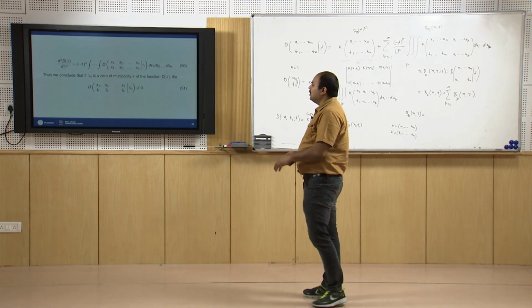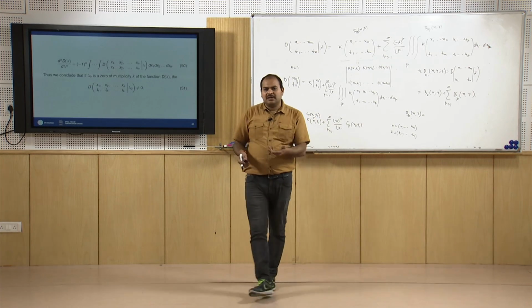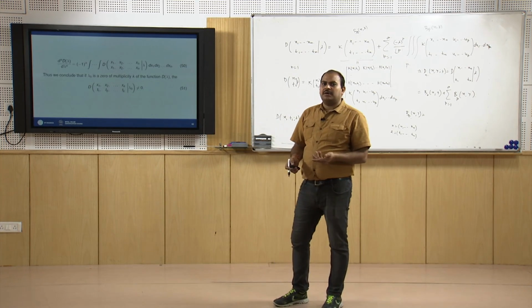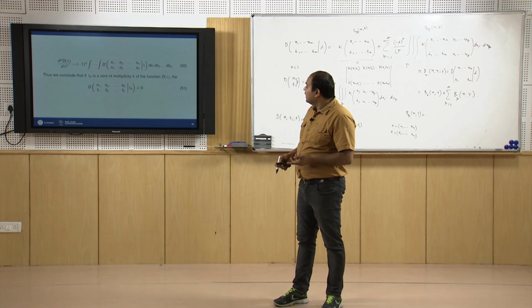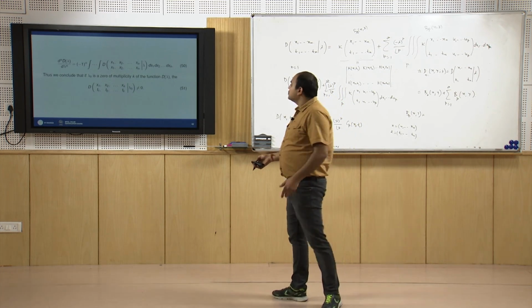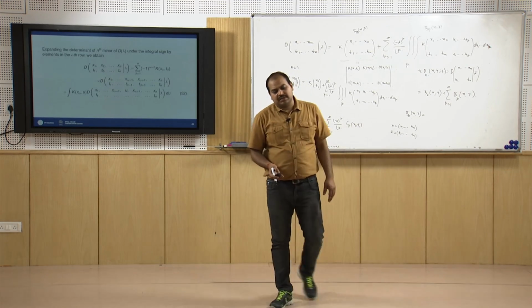So we can always choose a number q which is less than k, such that the qth minor of the kth Fredholm minor of D lambda is not equal to 0. With the help of that we can define the notion that is index.